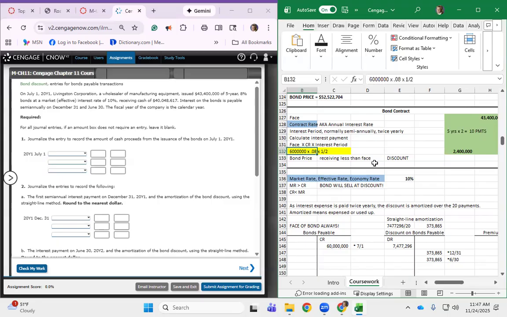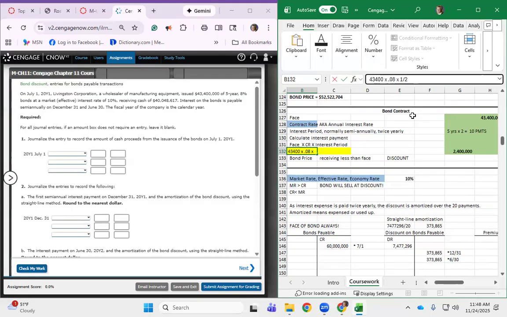So I'm going to put 43,400,000 times 0.08 times 1/2. The reason it's times 1/2 is because we are sending that out twice a year. Okay, so put your face in.